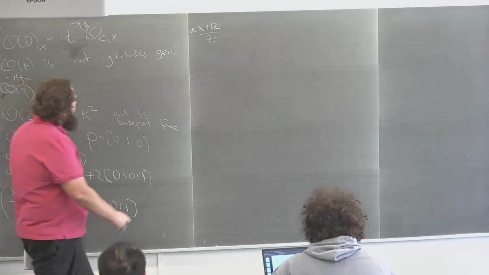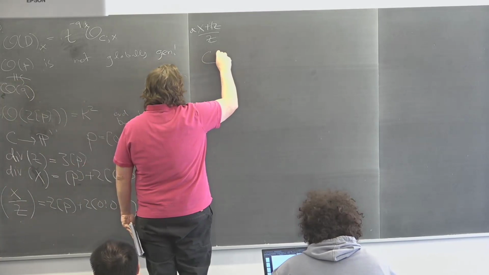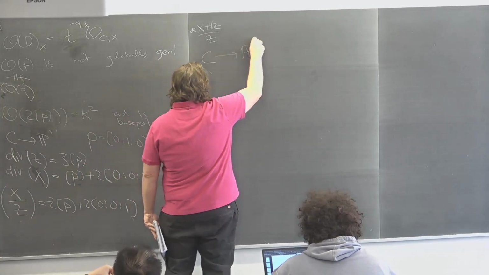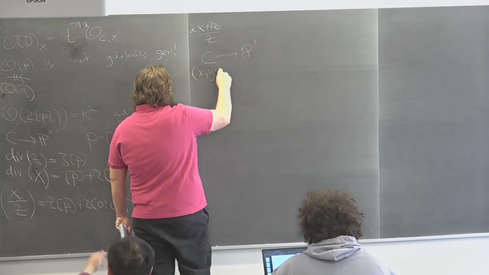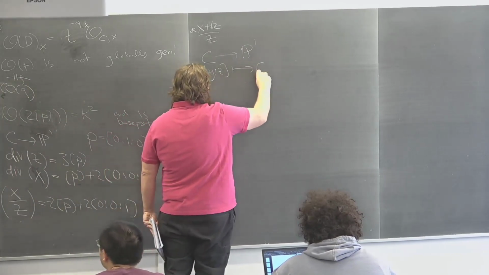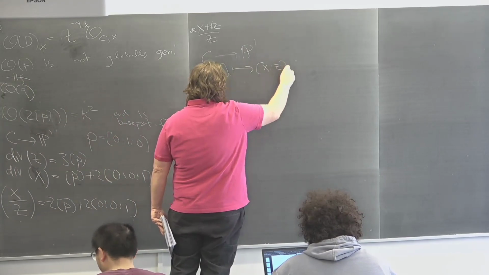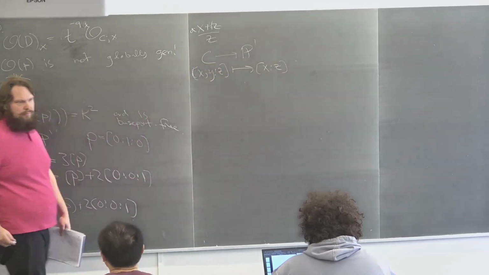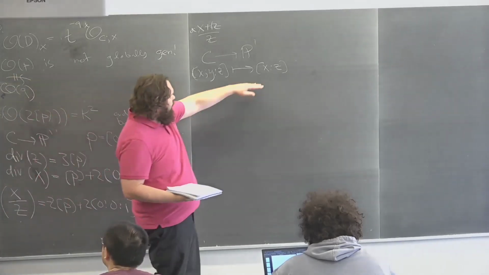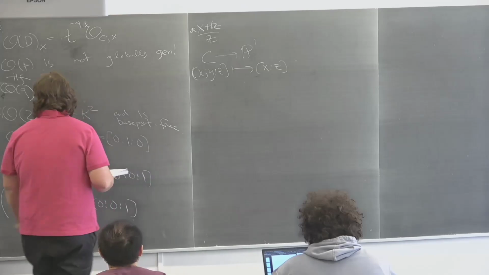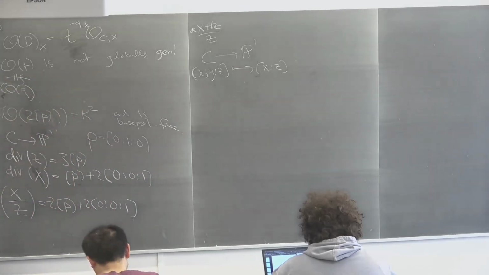So I get a map from C to B1, which sends x, y, z to the point x, z. And a point here is generically going to have two pre-images because I get this quadratic equation in y.